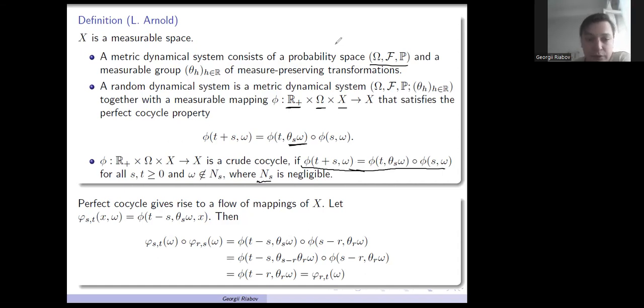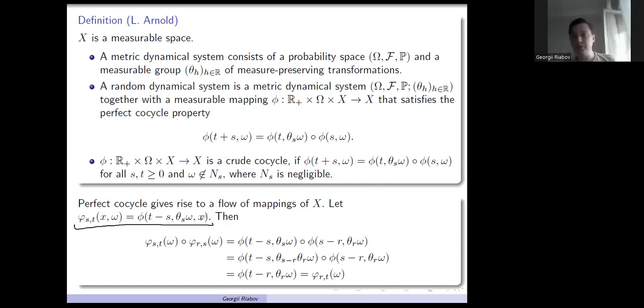Of course, it is better to have a perfect cocycle property because a perfect cocycle immediately produces a flow of mappings. In fact, this expression defines a flow phi.